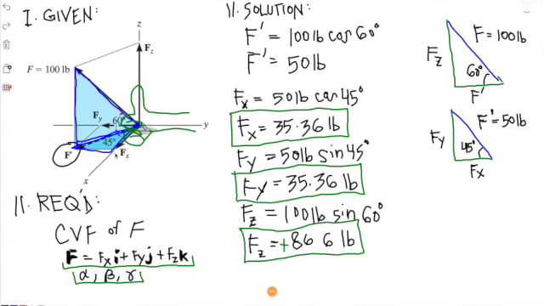Also, our Fx is going with the direction of our fingers, so it means that Fx is also positive according to our right-handed coordinate system. But Fy, where the positive axis is our arm, the component here is going the opposite direction. It means our Fy is negative. So please don't forget these signs when you write down the Cartesian vector form of our vector.